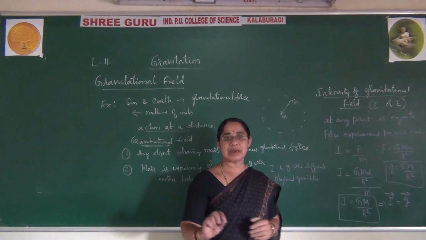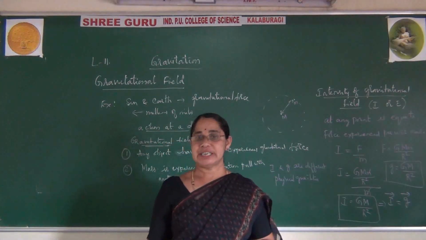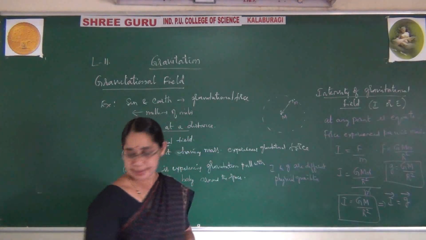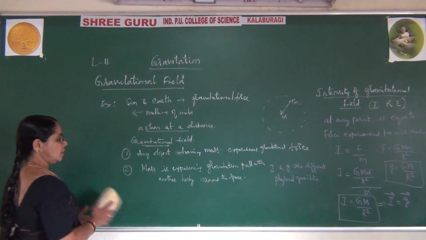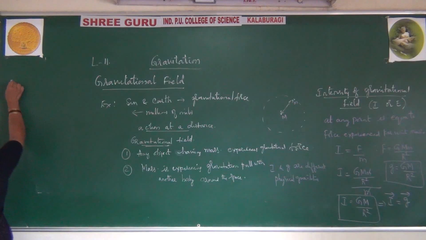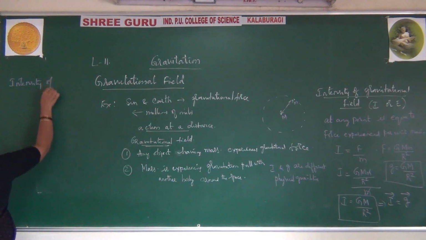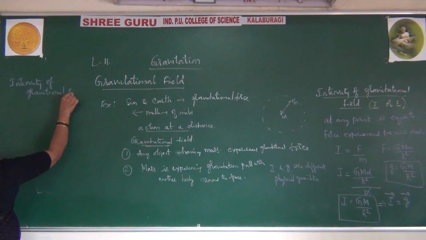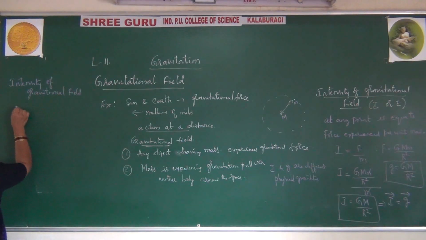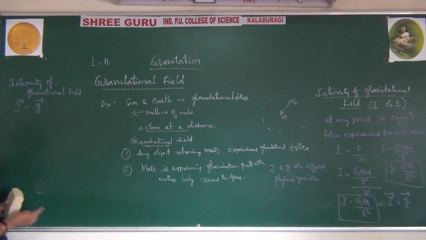In this, we come across some objective type questions. Let me highlight what these are. The intensity of gravitational field. What are the important concepts we come across here? First point you can remember: I is equal to g.